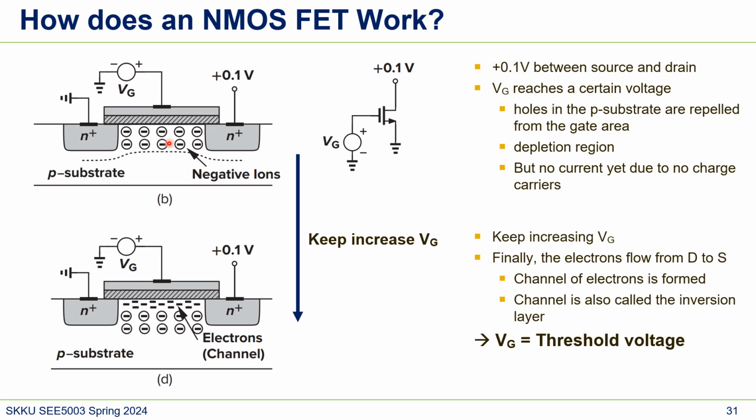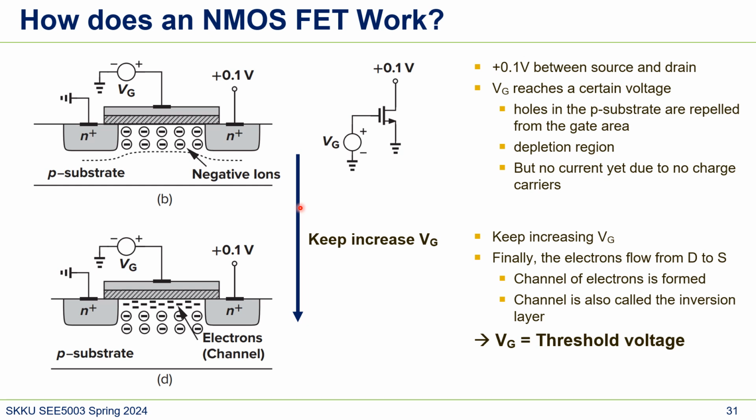There are negative ions left. We also call this the depletion region, but there's no current yet due to no charge carriers. These are not charge carriers. Since the holes are repelled, the negative ions are just left, and they are not carriers.